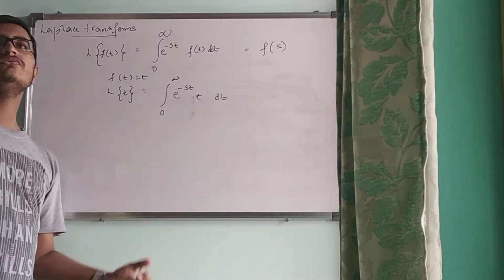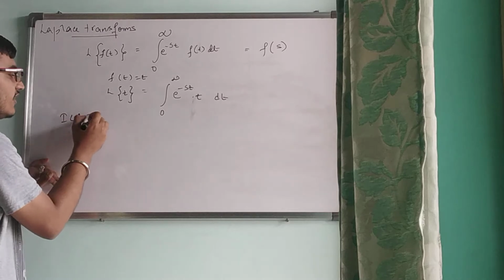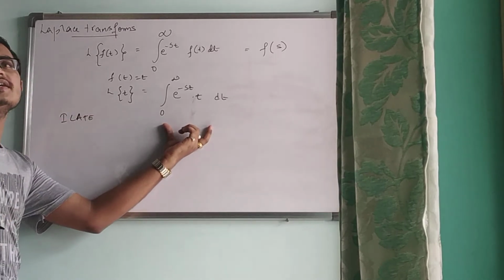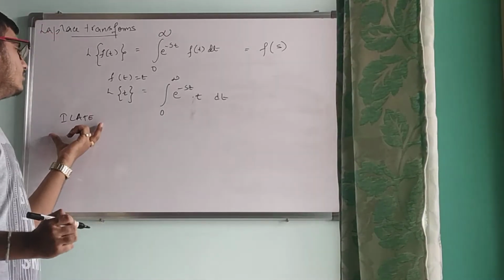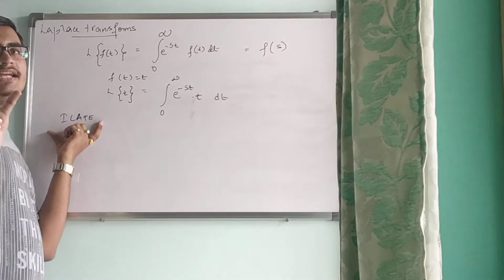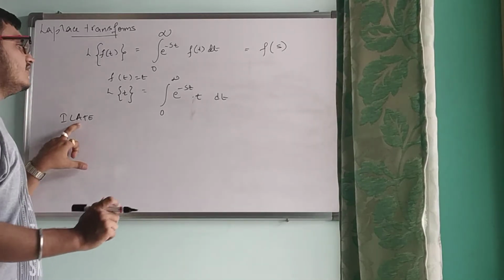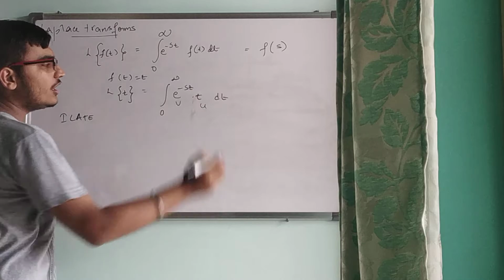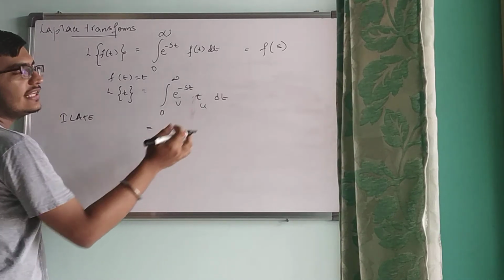So apply the u into v rule, and it should follow the concept of ILATE. That is the integration by parts concept you will be using, and in there you will use the small term called ILATE, which is used to select the u value. Exponential term, algebraic term is the first value. So this will be your u and this will be your v. So what is the integration by parts?